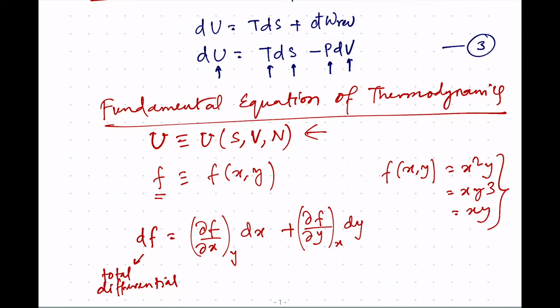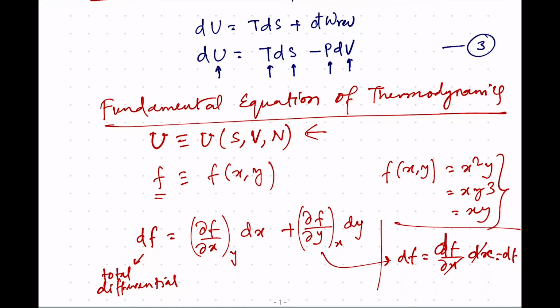We will come to that later on. Let us say you talk about only one variable, so f is just a function of x. Then df equals df by dx times dx, because there is only one variable and it is not a partial derivative.